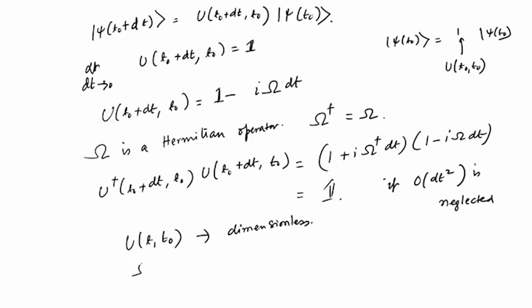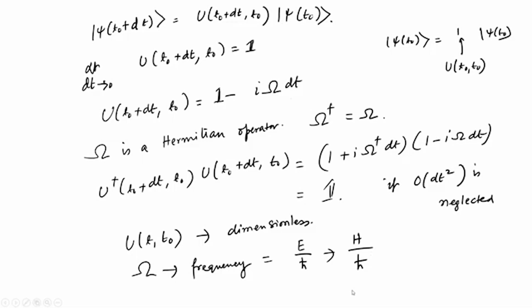Okay. So omega has to have the dimension of frequency, and when we talk about frequency, at the back of our mind, if we use E equal to h nu, so this is like E over h, and this really in the operator notation should be equal to the Hamiltonian by h cross.